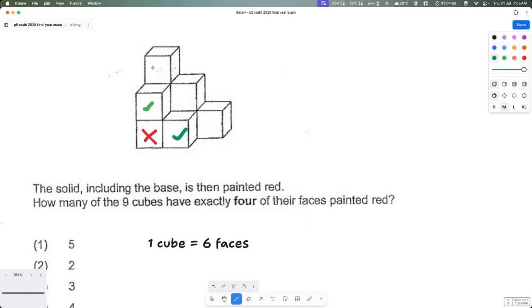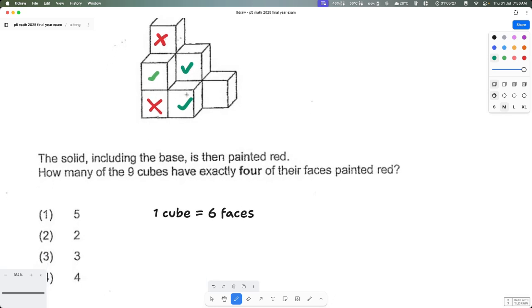For this, sadly, 5 faces are shown because only the bottom is covered, so cancel this. What about this one? This one at the back is shown, but the side on the left and the bottom are not shown, so that is correct in this case.